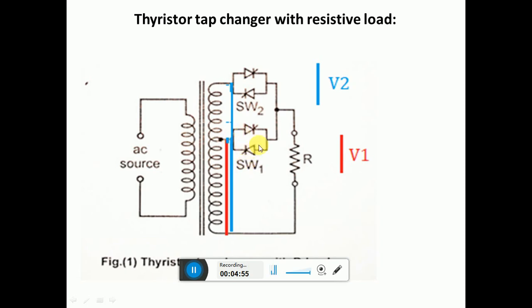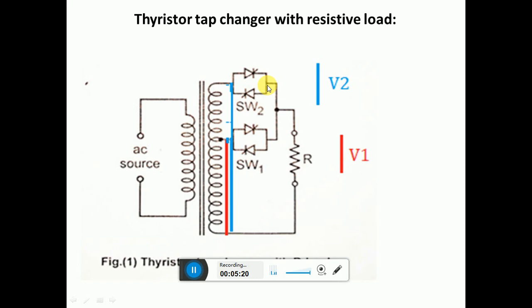Again, we'll apply a negative anode to cathode voltage across this switch, so it will commutate, and if we switch on SW2 at firing angle alpha, then we'll get the secondary voltage as V2, following the waveform of V2.